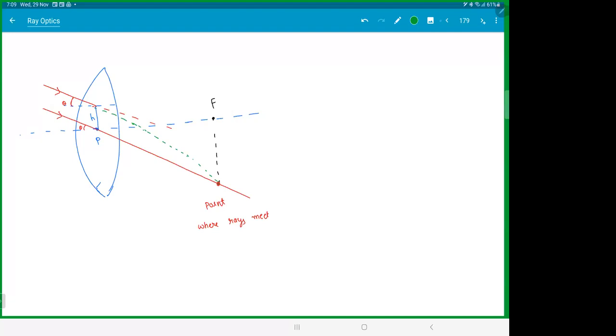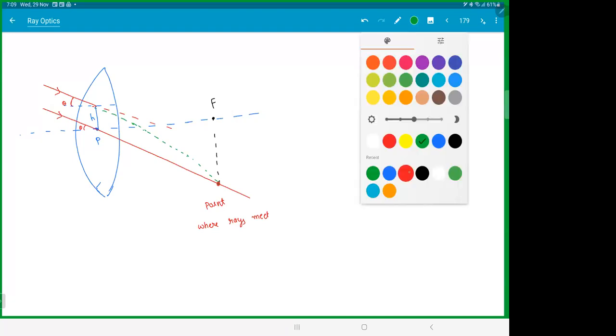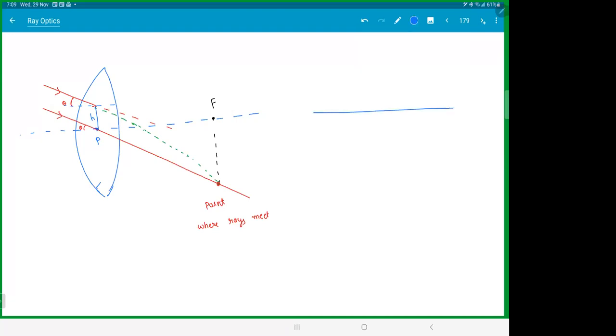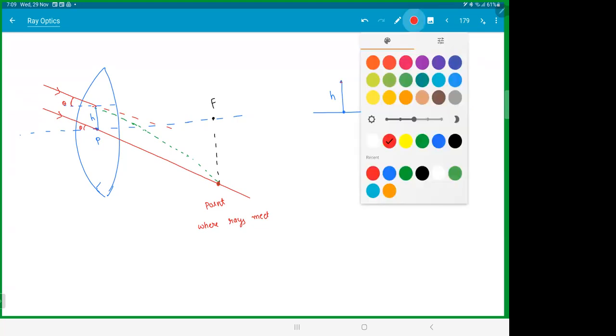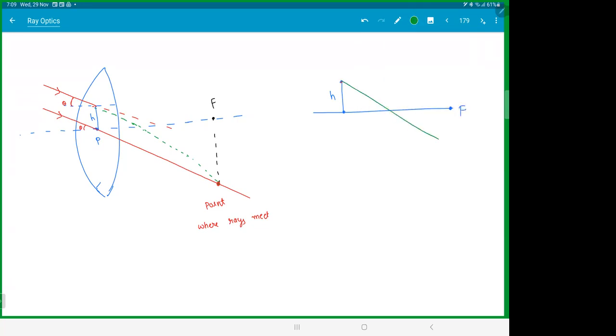Let me draw a new diagram again here. So this is the focus. This is the point H. This light ray would go somewhere. It looks so messed up. This is where they're meeting.